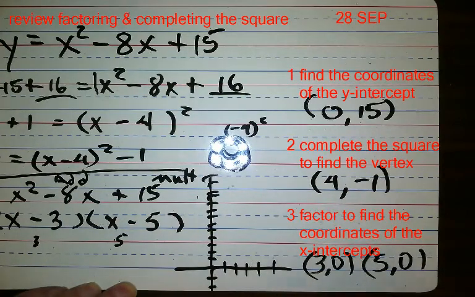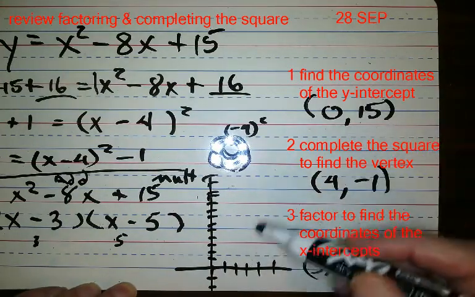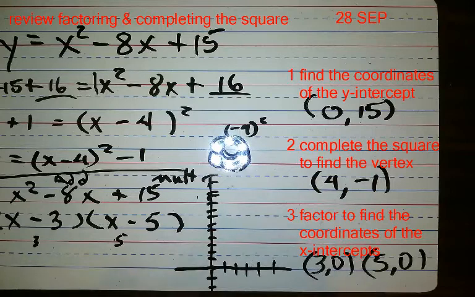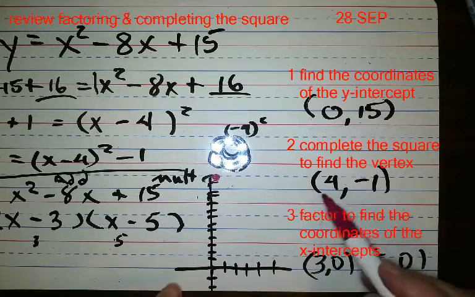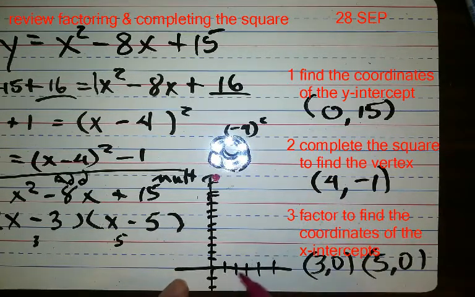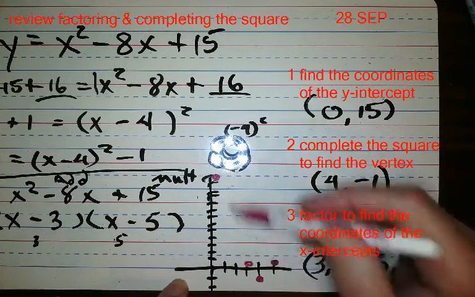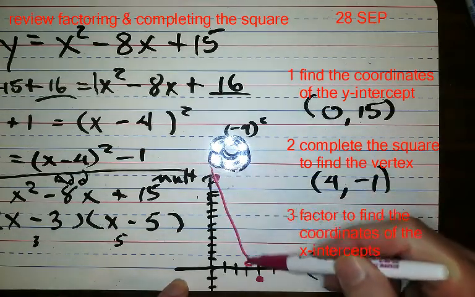Okay, so we know the y-intercept. Let's use a different color. The y-intercept is way up here, 15. The vertex is 1, 2, 3, 4, -1. The x-intercept is 3, that's there. So this is my graph.